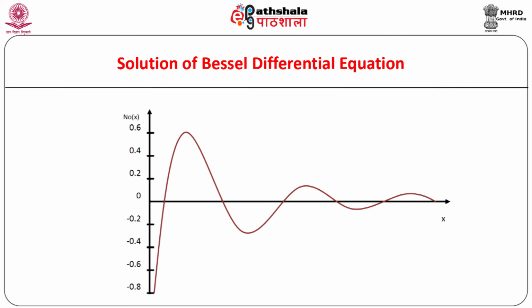For any integer n, Nn x is infinite at x equal to 0 and possesses infinite number of zeros similar to that of Jn x. Let us have a look at some representative plot for Nn x.